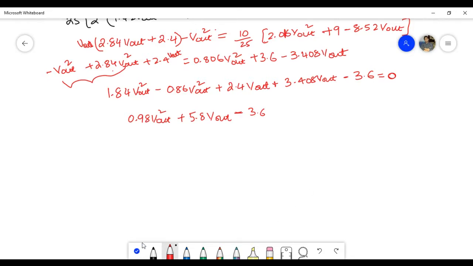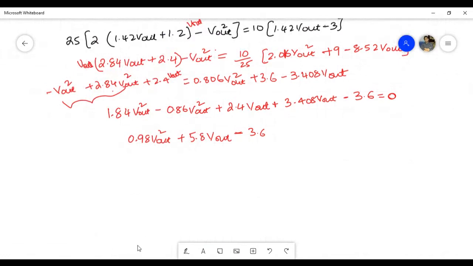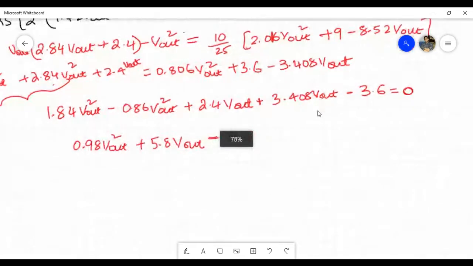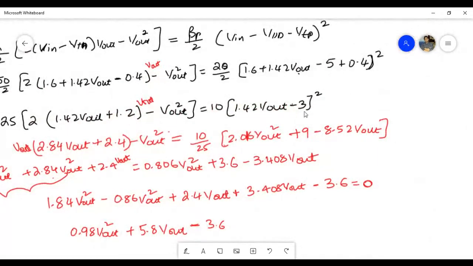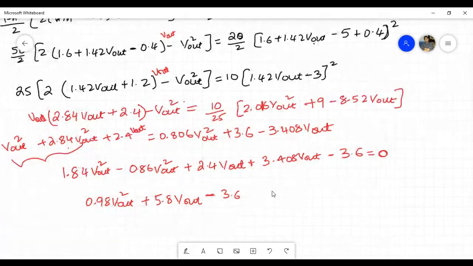It should be minus because you move it to the other side. Yes, minus. It is plus 3.6 here, so yes, minus.